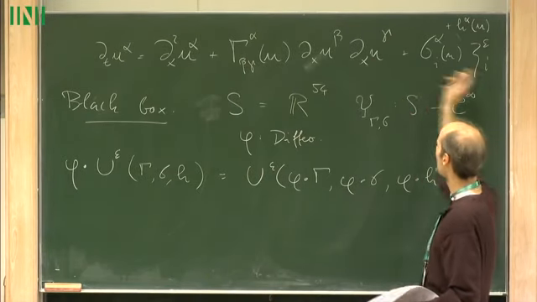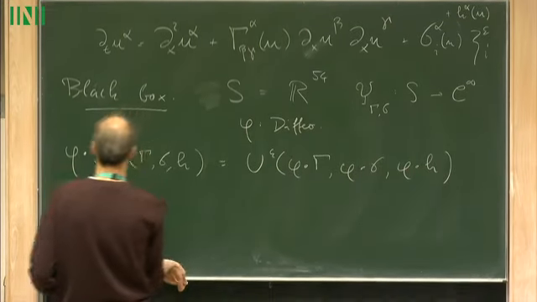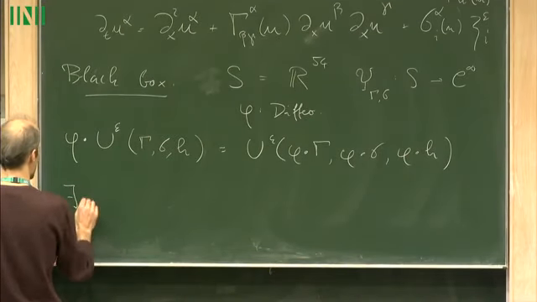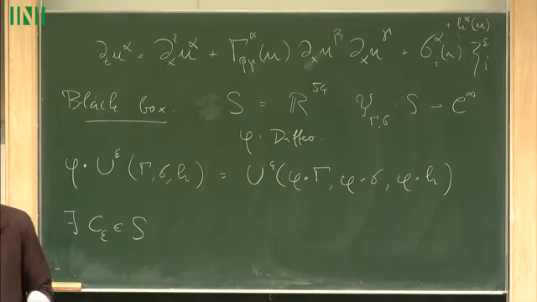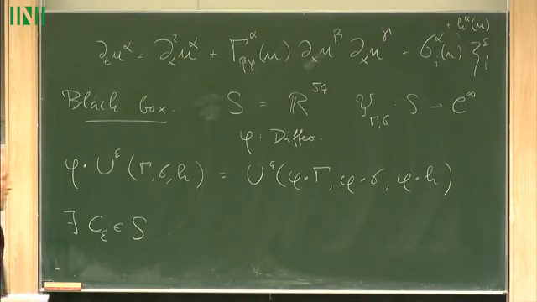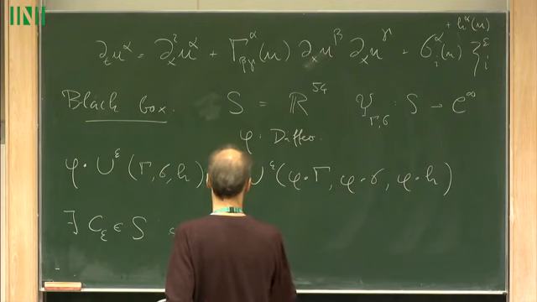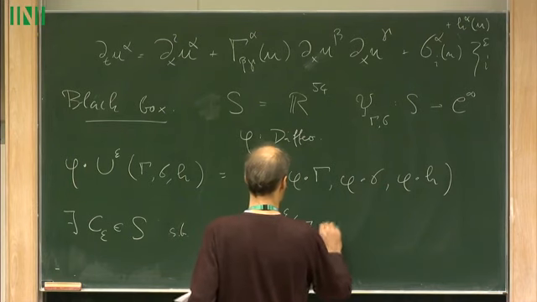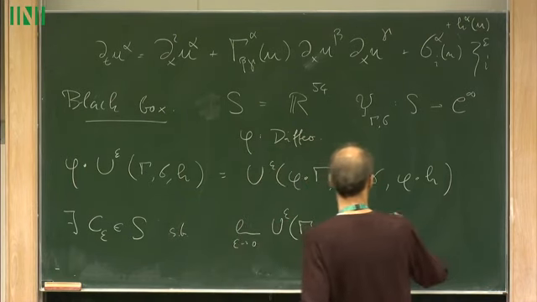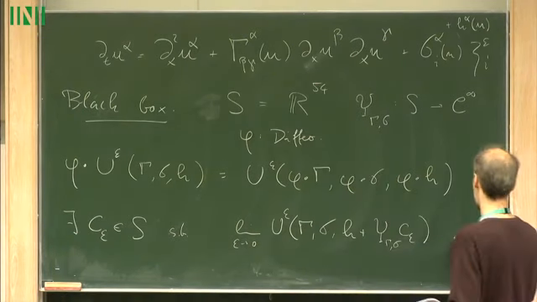As epsilon goes to 0, this thing doesn't have any reason to converge, but the black box theorem tells you that there exists C epsilon in that space S such that the limit as epsilon goes to 0 of U epsilon of gamma, sigma, H plus this epsilon gamma sigma applied to C epsilon exists.